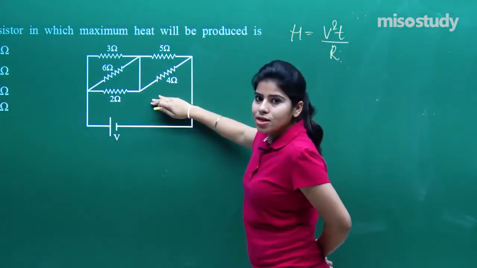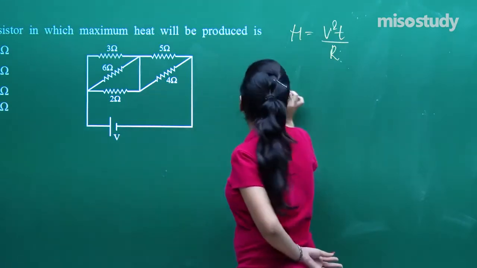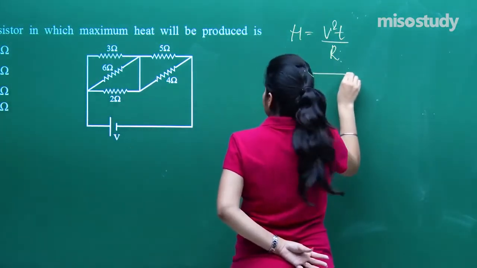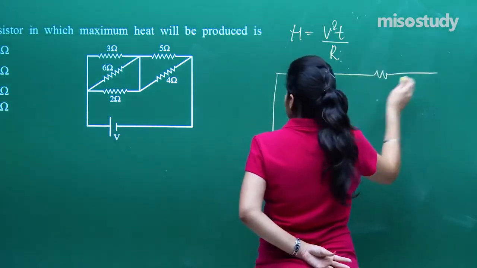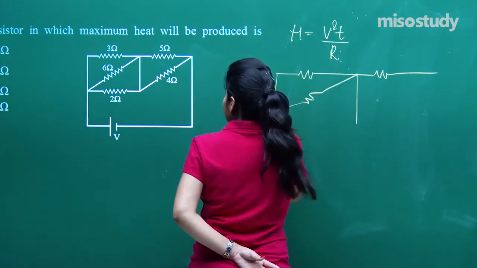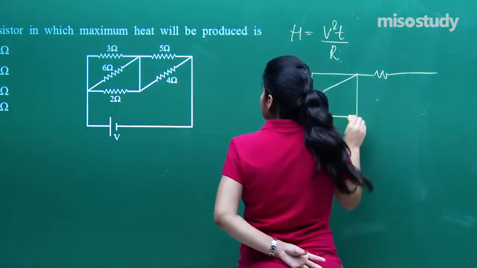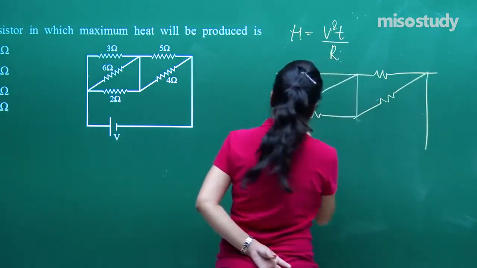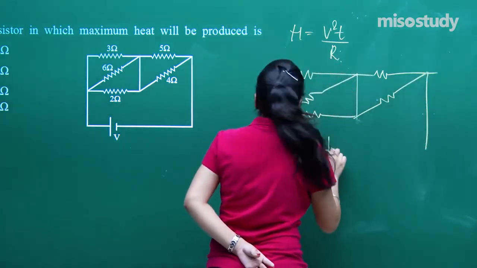And now in this circuit, let me just redraw this figure for you. This is something like this, and this is a 2 ohm resistor. Again, this has been connected with the 4 ohm resistor, and this has been connected with a battery.